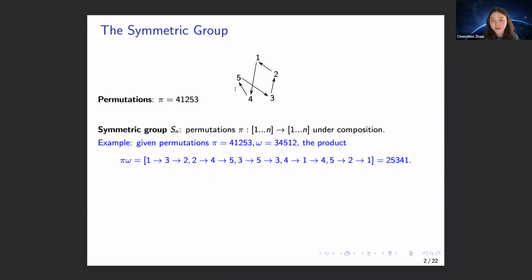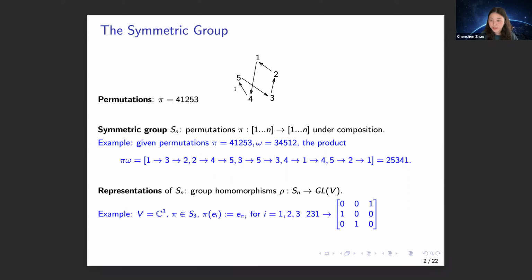So this composition, or the product, is equal to the permutation with the line notation 2, 5, 3, 4, 1. And representations of the symmetric group are just group homomorphisms. They send the permutations to invertible matrices. Yeah, we are reading from right to left.